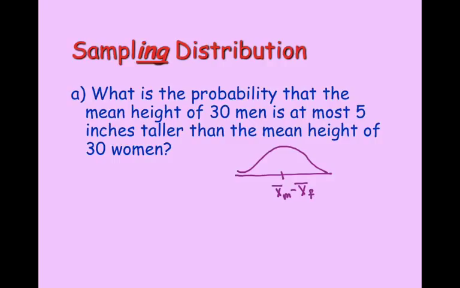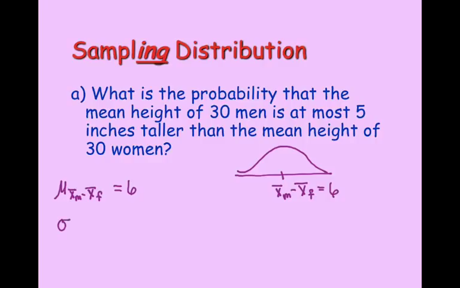So I'm really not looking at individual values now. We're saying we took a random sample of 30 men and a random sample of 30 women, and we're finding the difference in the means from those random samples. So we're looking for the mean of the men minus females for the random sample of size 30. That's still going to give us our same center on our curve of 6 that we've been dealing with.